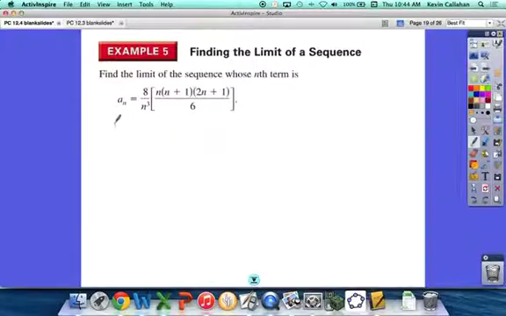So in this problem here, we want to take the limit as n approaches infinity of a sub n. All we really need to know is what's the highest power and what are the coefficients on the highest power terms. In the numerator, it's going to be 2n times n times n inside the brackets here, right?